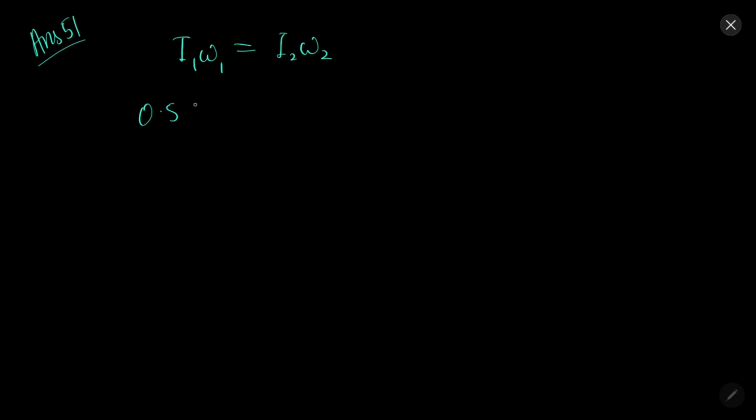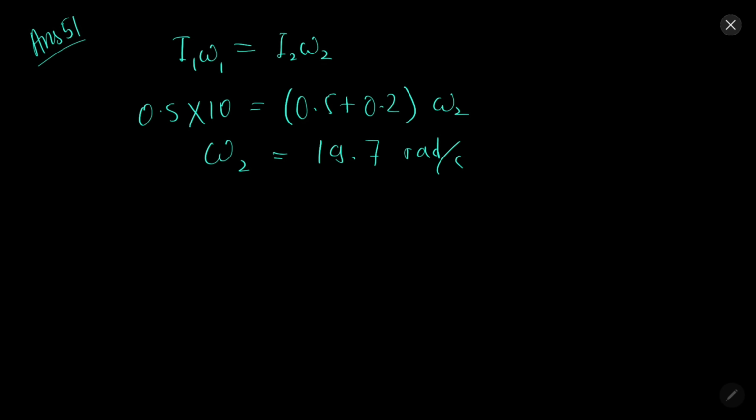So 0.5 into 10 equal to 0.5 plus 0.2 into omega 2. So omega 2 will come out to be 19.7 radian per second using the conservation of angular momentum.